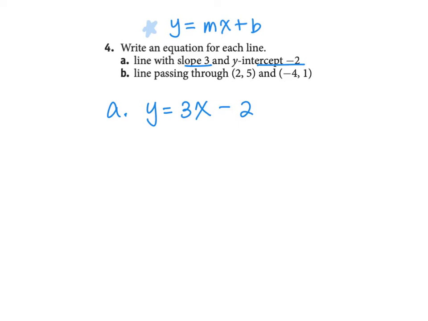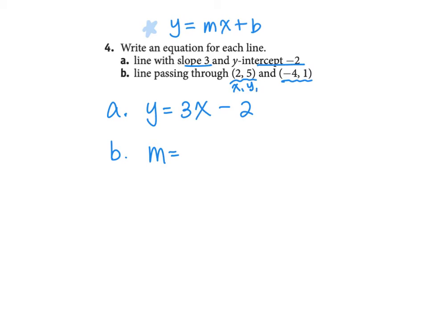For B, it says a line passing through 2, 5 and negative 4, 1. We have a few different ways to do it, but I'm going to focus on using the slope-intercept form. So for B, first, you need to find the slope. If you remember from your geometry class, when you have 2 points, there will be x1, y1.